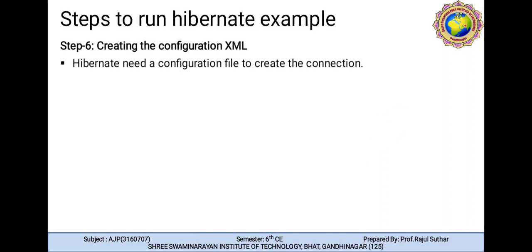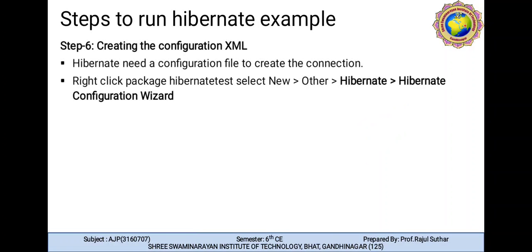In the sixth step, create the configuration XML file. We are all familiar with it; an XML file is also needed. It is a deployment descriptor. Hibernate needs a configuration file to create the connection. Just right click the package hibernatetest, select New, Other, and Hibernate, in the Hibernate Configuration Wizard.